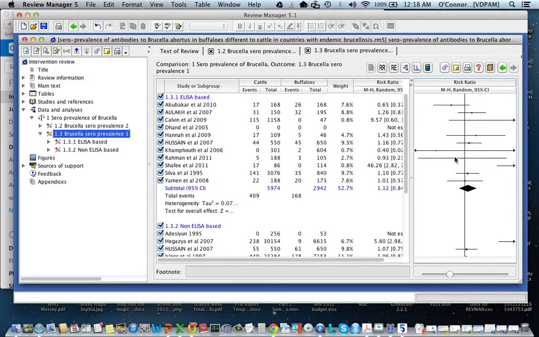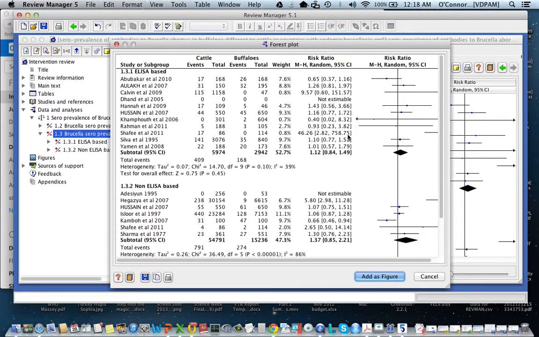So now that I've got things arranged the way I like, I'm going to click on this forest plot graph, bring it up so I can have a look. So as with last time, I'm going to look in the first subgroup. There's a couple of things that I see here. Again, there's a spattering of studies. There's a very big study, but its confidence interval is incredibly wide because we have a 0 here, and the same with this Calvin study.